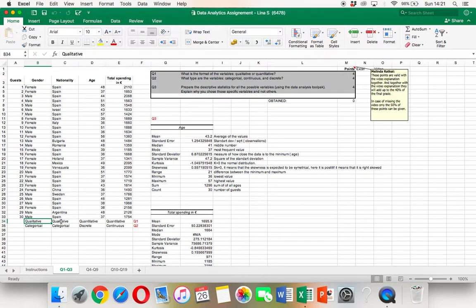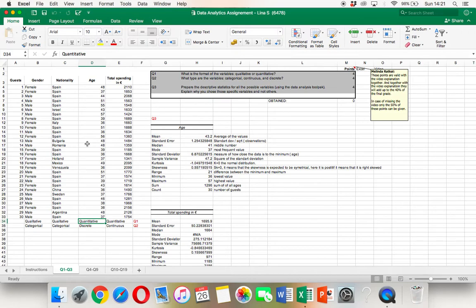Then we have the nationality, which is also a qualitative variable, as it is about nationalities and a description of where you're coming from and not something that can be counted. Then we have two quantitative variables, which are the age and the total spending.